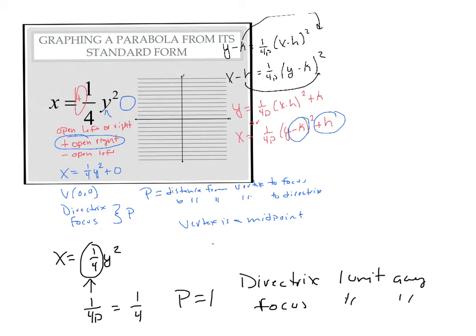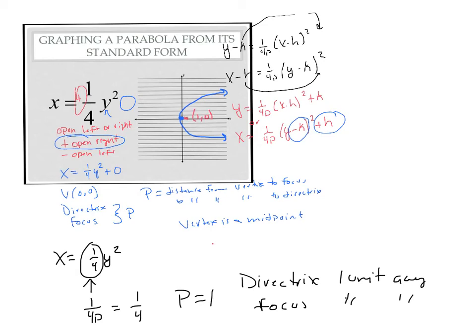I'm going to plot all these points. I'm going to plot my vertex, which is at 0, 0. I know I open to the right, so I'm going to trace my parabola, and I'm going to plot my focus, which is at 1, 0.